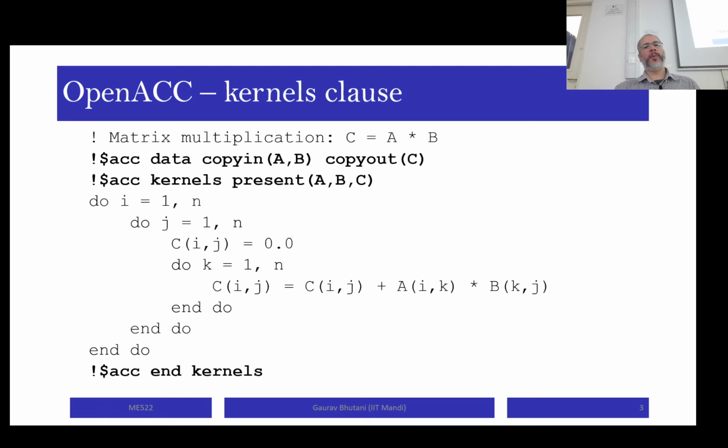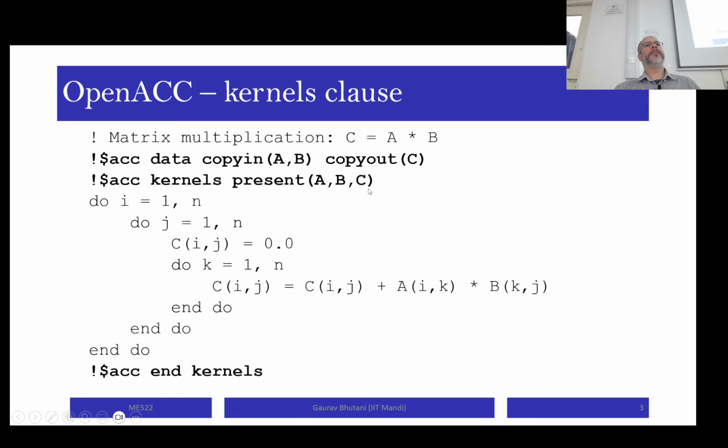Now, there is another way to parallelize things in OpenACC, that is using the kernels clause. If you look at the code this time, it is the same intent, it is !$ACC, but instead of parallel you have kernels now, and then you say present(A, B, C).